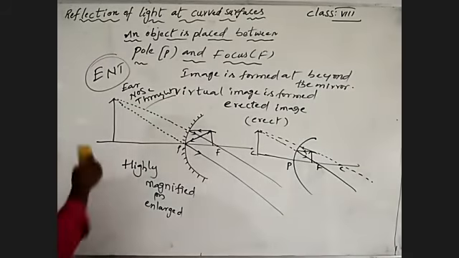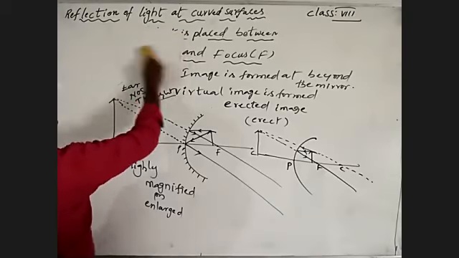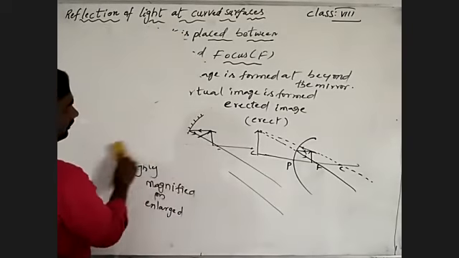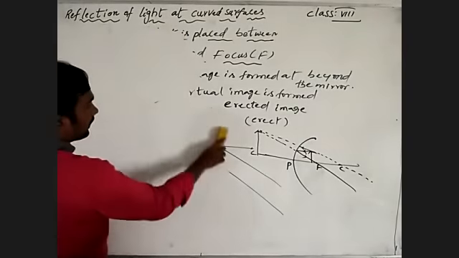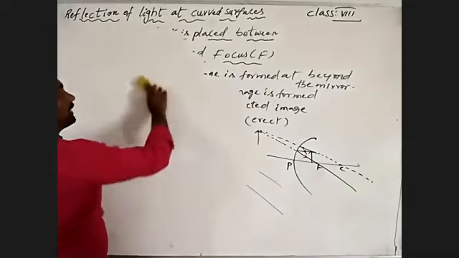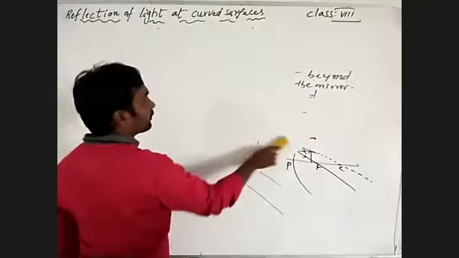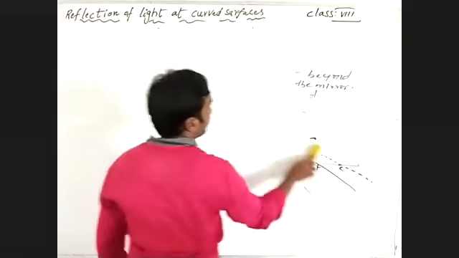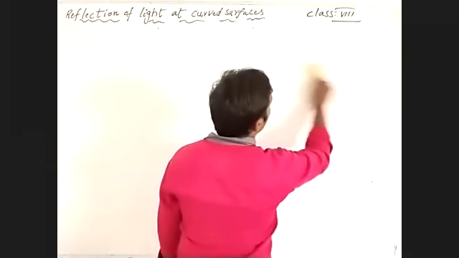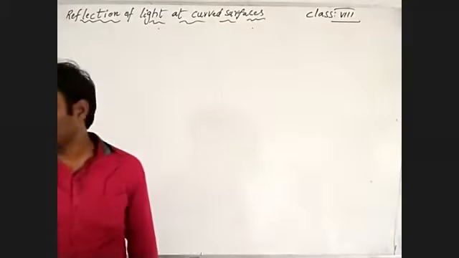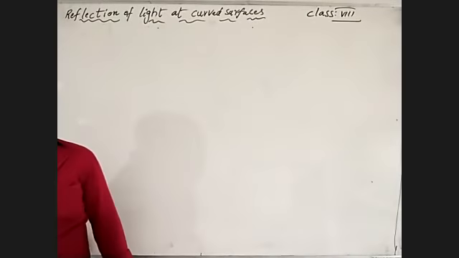So these are the images formed by a concave mirror at various positions of an object, with different characters.